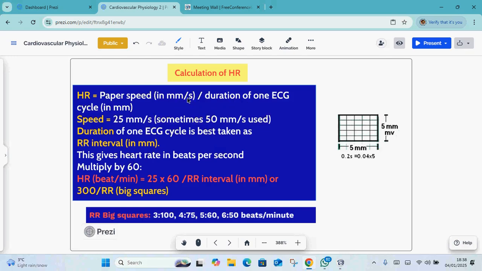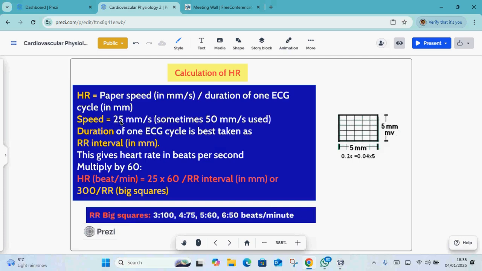When you multiply it by 60, this will give you the beats per minute. This is the reason why we put 60 in the formula, to convert from per second to per minute, because we want the heartbeat per minute.